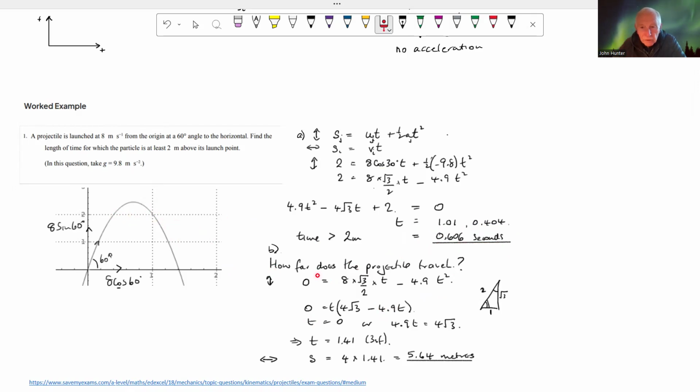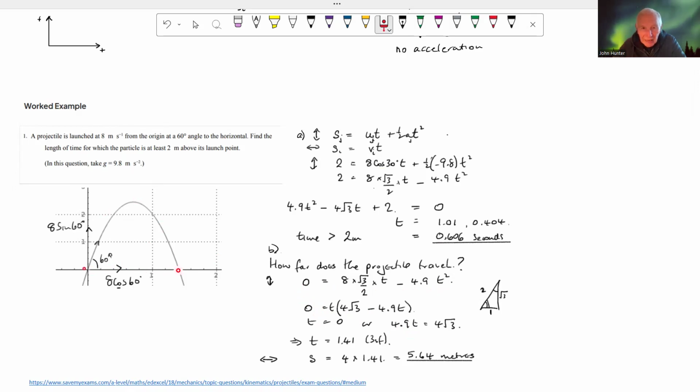And then, how far does the projectile travel? Well, s equals ut plus half at squared. We're looking at the total time here, resolving again, but for when the displacement is zero, which is when it's come back down to the ground.